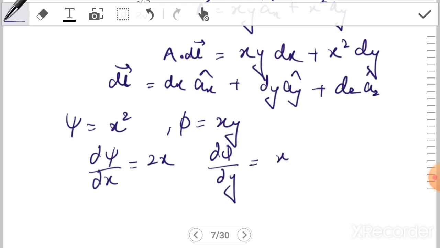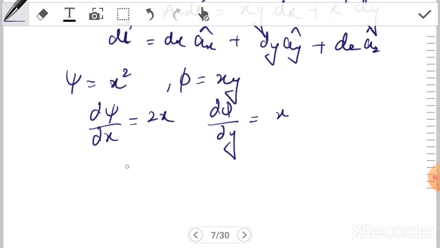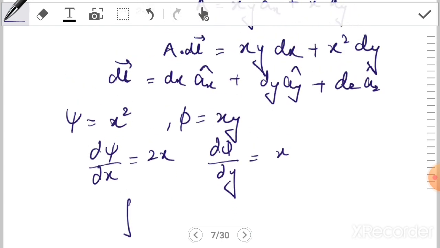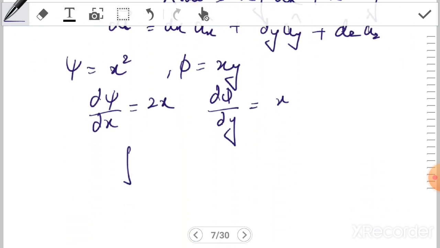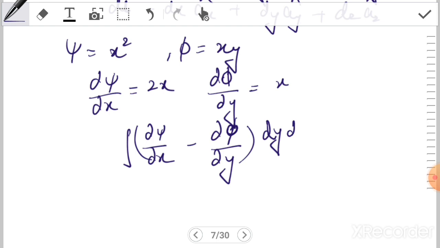Now putting the values, we have d psi by dx minus del phi by del y, dy dx.